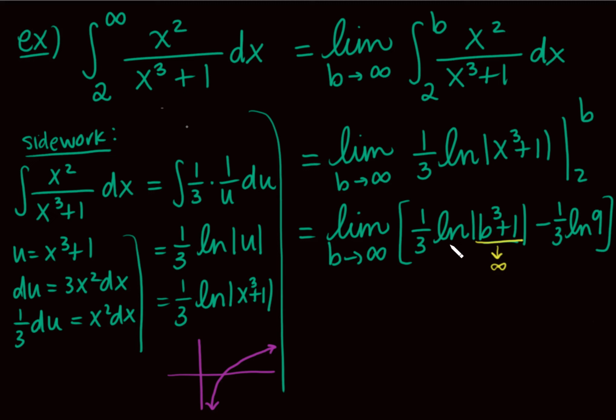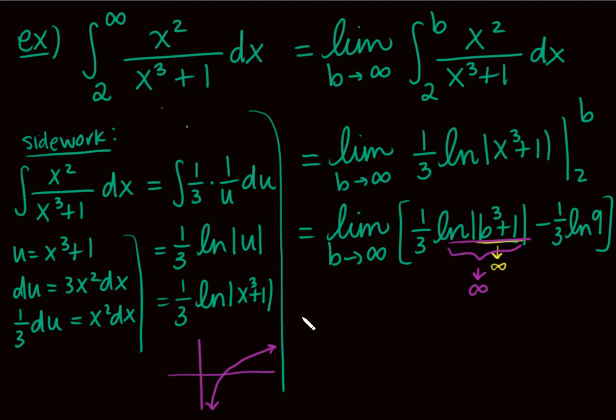So I know that this whole thing, as b goes to infinity, is also going to infinity. It must. I'm taking bigger and bigger x values, and this function is just getting bigger and bigger. Then we take 1/3 of infinity, which is still infinity, and we subtract this tiny little number. Infinity doesn't care about 1/3 natural log of 9. It's still going to go to infinity.